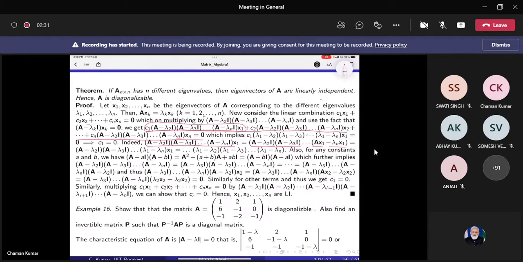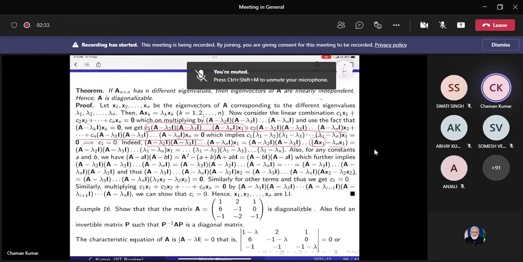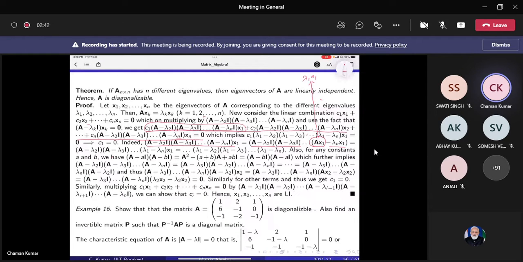This term A x1 is lambda 1 x1, because lambda 1 is the eigenvalue corresponding to the eigenvector x1. So you get this quantity from the last term of this product.